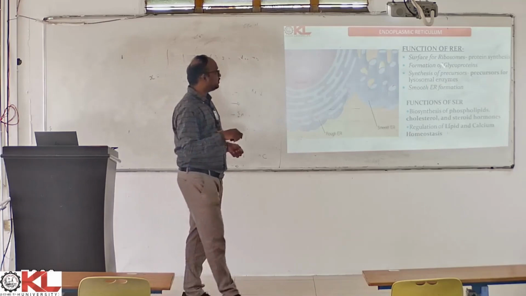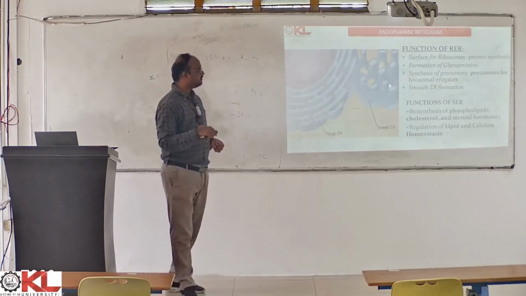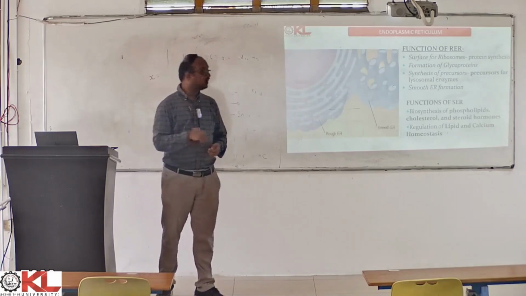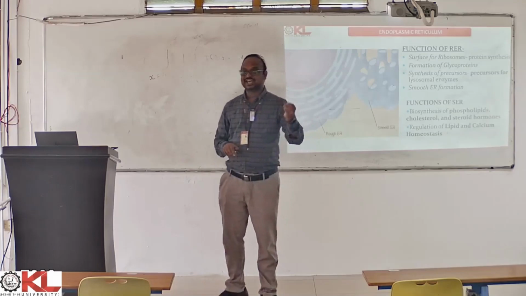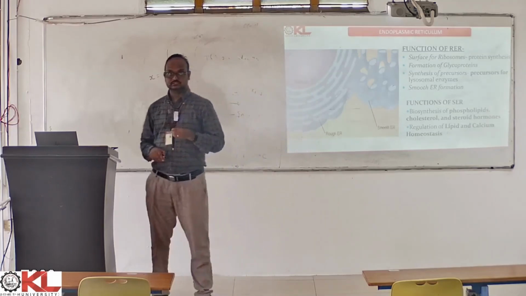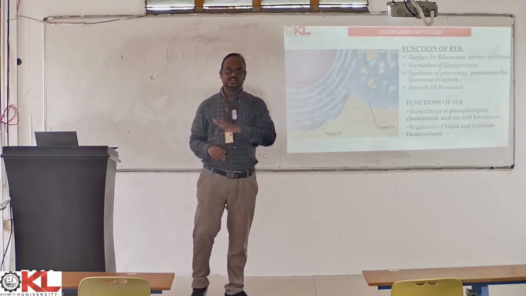Second one, formation of glycoproteins, right? So another very important function of rough endoplasmic reticulum is post-translational modifications. So just now we discussed what transcription is and what translation is.